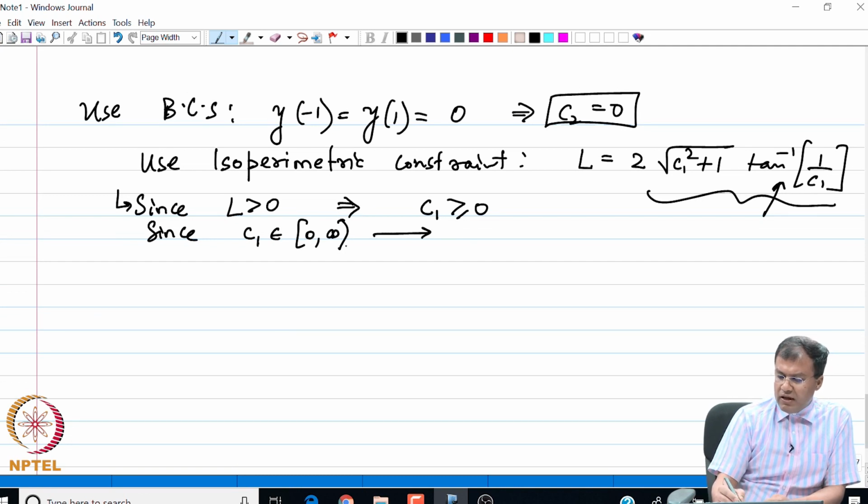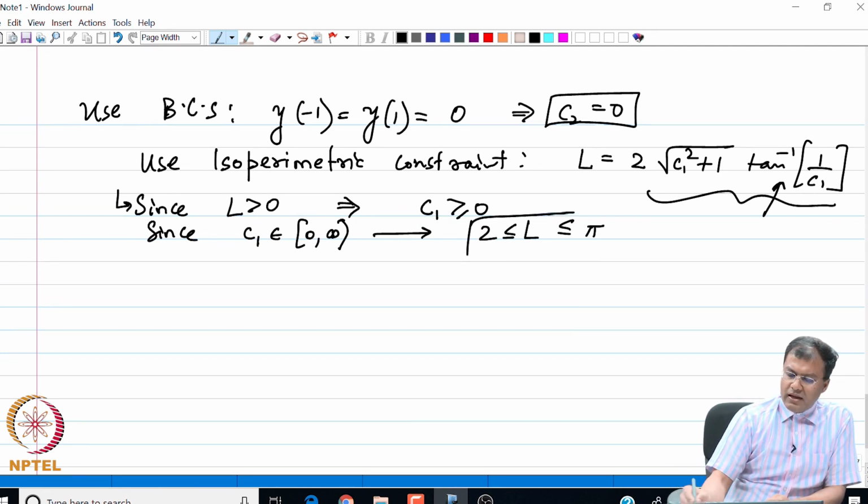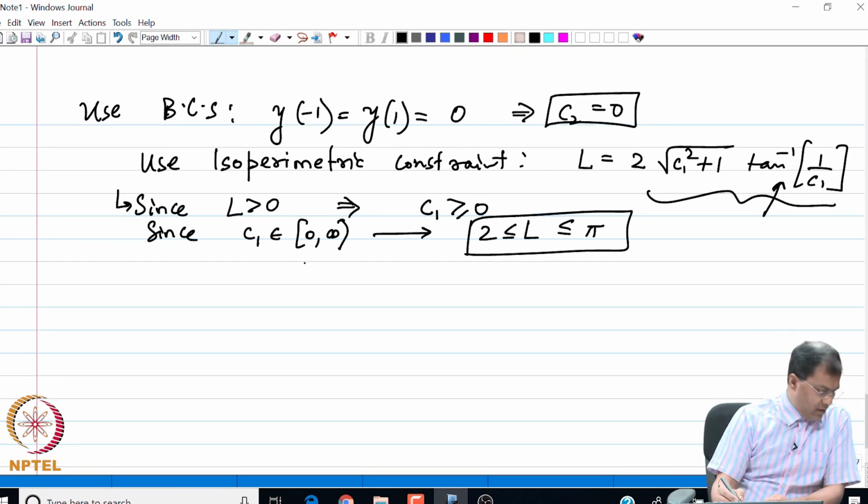If I plug C1 equal to 0, I get that L is going to be pi, so the upper bound of L is pi, and if C1 is infinity, we will see that L is equal to 2, that can be shown. Which means that L lies between 2 and pi given these values of C1.